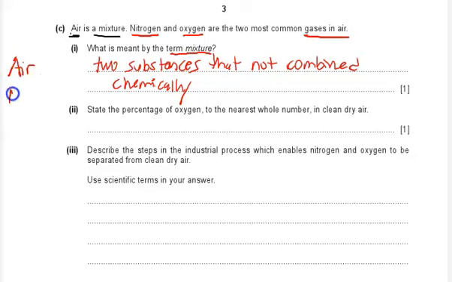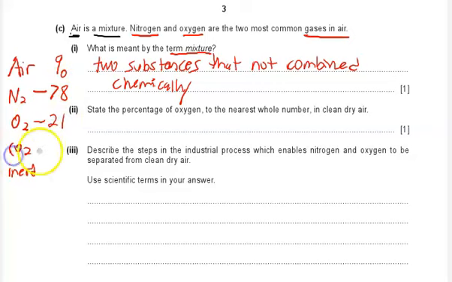In the air we have nitrogen gas, oxygen, carbon dioxide, and inert gas. Nitrogen stands about 78%, oxygen is 21%, carbon dioxide is very low, 0.03%.